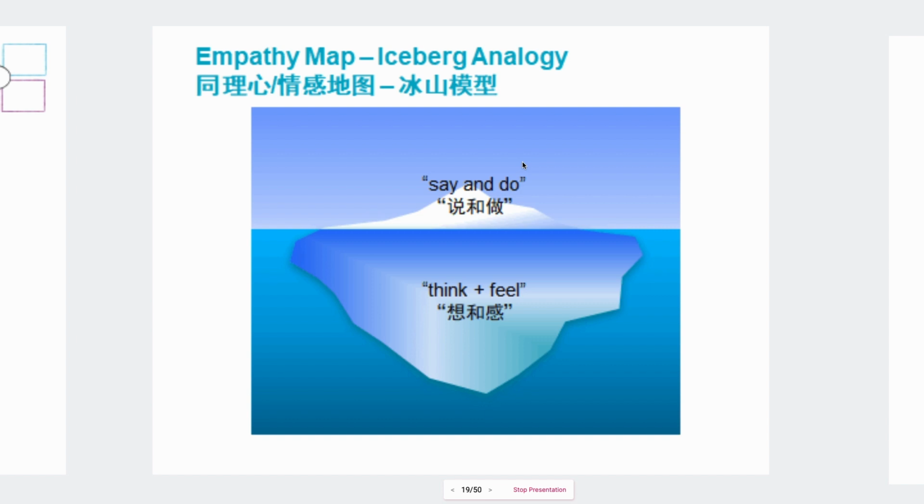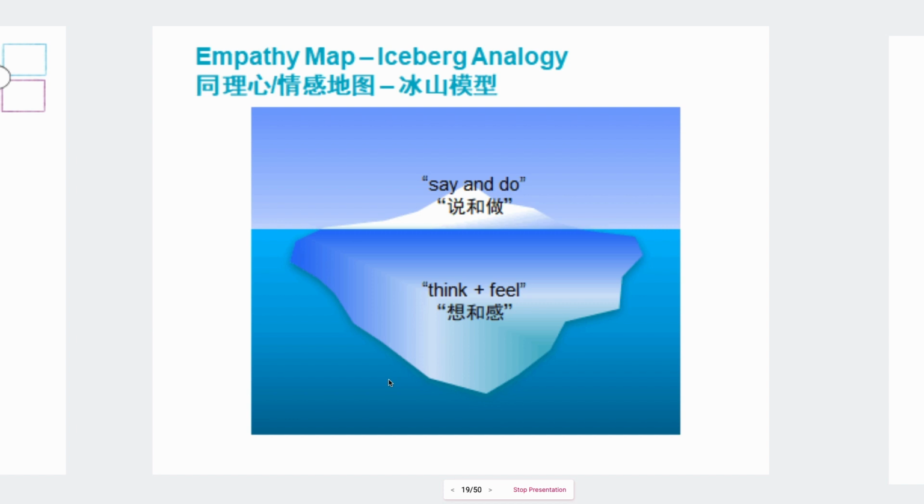I don't know if you guys know about the 55-38-7 methodology for communication. The very important part when we interview our users is not what the user says; the key is to understand their body language.